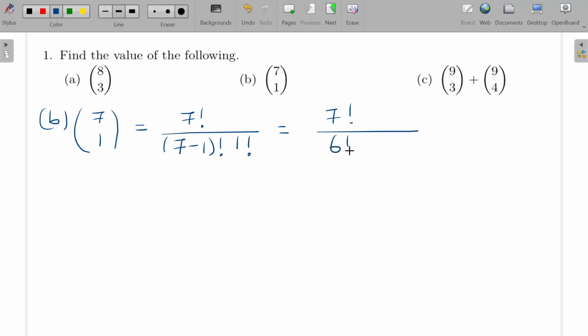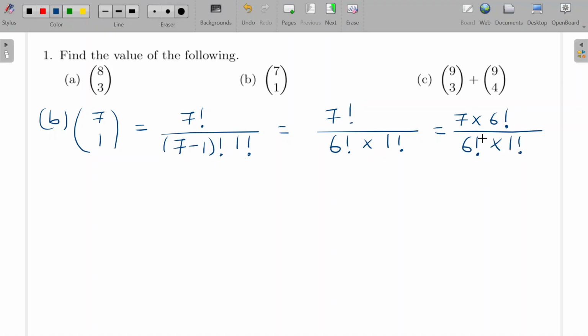It will be 6 factorial times the 1 factorial. Okay, then this is going to be equal to 7 times 6 factorial. I'll end on 6 factorial because I have a 6 factorial at the bottom, so meaning that they can divide. I'll also write 6 factorial here times 1 factorial.